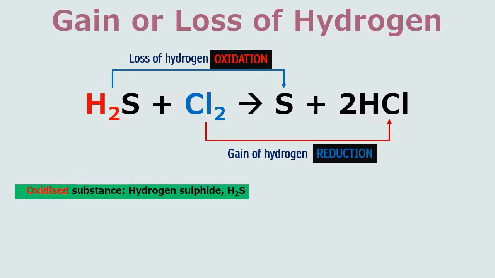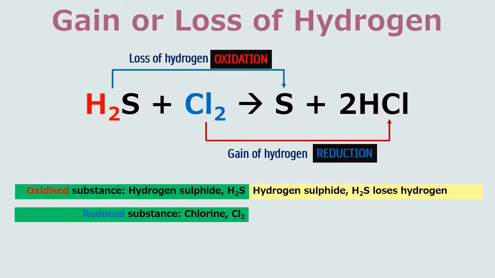It is said that hydrogen sulfide undergoes oxidation because hydrogen sulfide loses its hydrogen, while chlorine molecule undergoes reduction because chlorine molecule gains hydrogen.